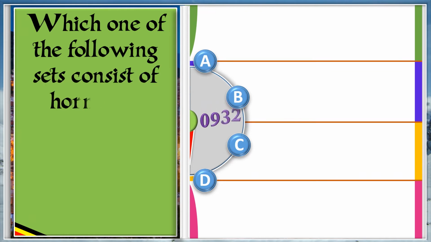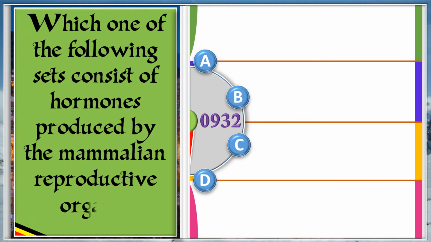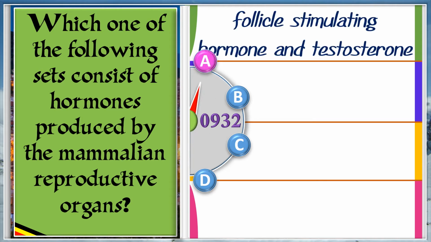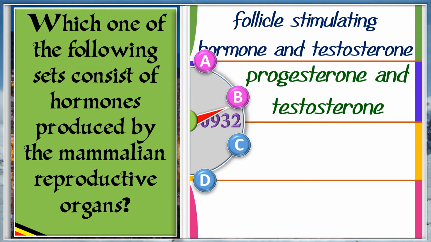Which one of the following sets consists of hormones produced by the mammalian reproductive organs? A. Follicle-stimulating hormone and testosterone. B. Progesterone and testosterone.